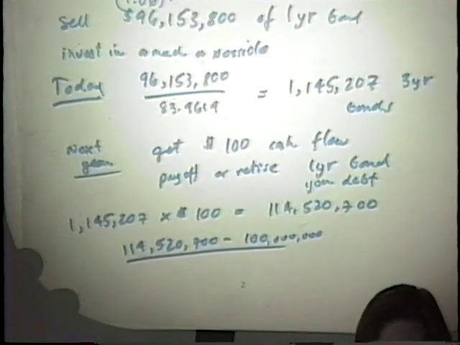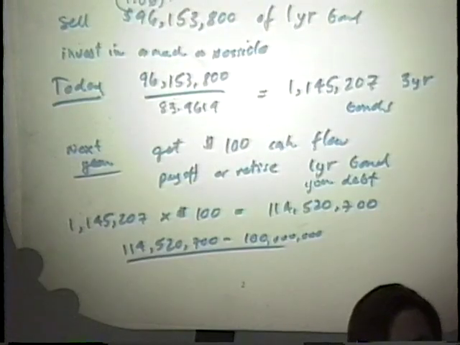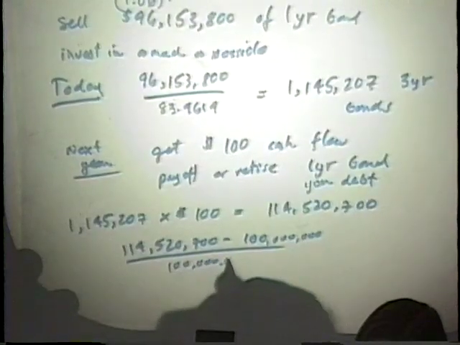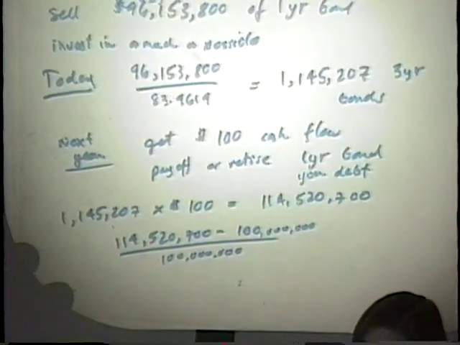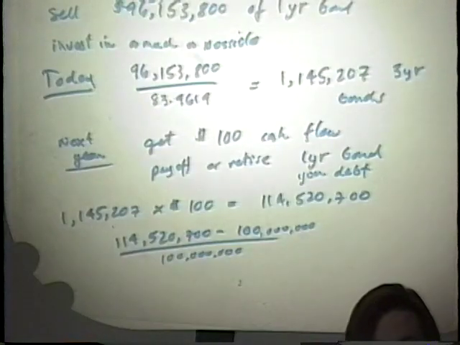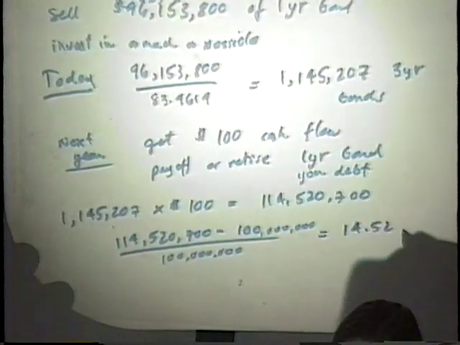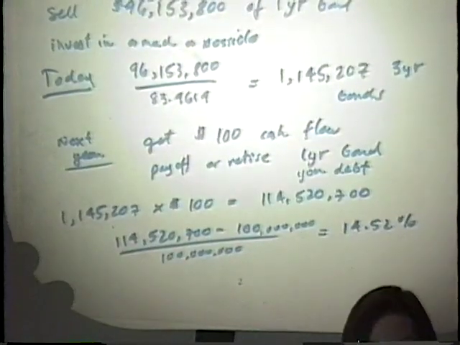And again, you need not even do this calculation like I'm writing it out, but it should be obvious. You should be able to do a percentage return based on 100. So this is really wasting time in an exam, what I'm doing right now. And that is a 14.52% return over 2 years.